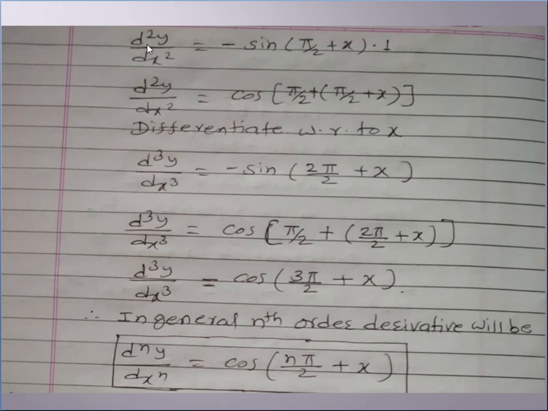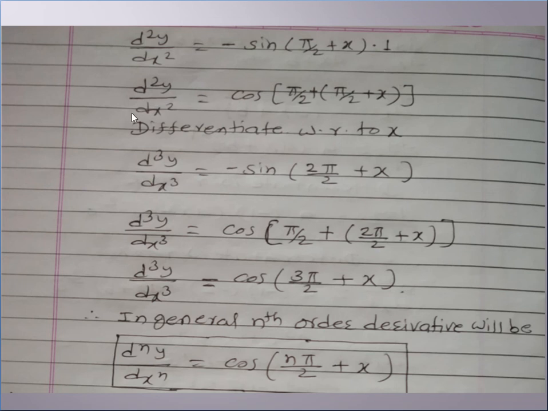Therefore, the derivative of dy upon dx is d square y upon dx square equal to minus sin of (pi by 2 plus x) into the derivative of (pi by 2 plus x), which is 1. Therefore, d square y by dx square is equal to minus sin of (pi by 2 plus x).